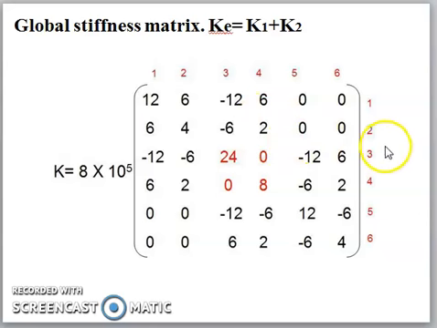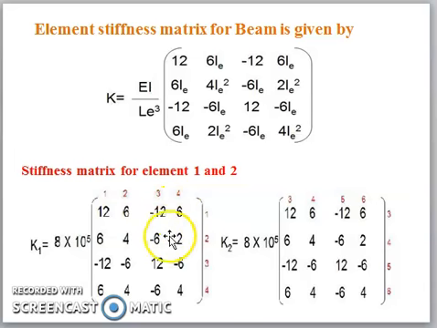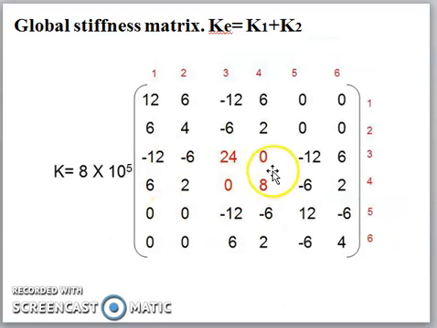At 4 by 3, we get minus 6 plus 6, which becomes 0. At 4 by 4, we get 4 plus 4, which is 8. Again here also we get minus 6 plus 6, which becomes 0. These values come from element 1 and element 2. So this is the global stiffness matrix.